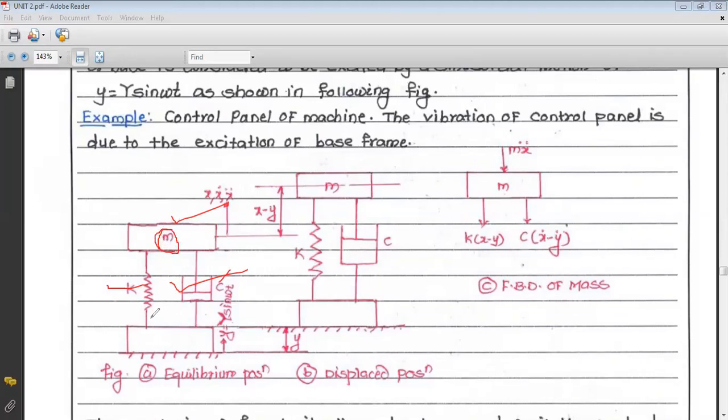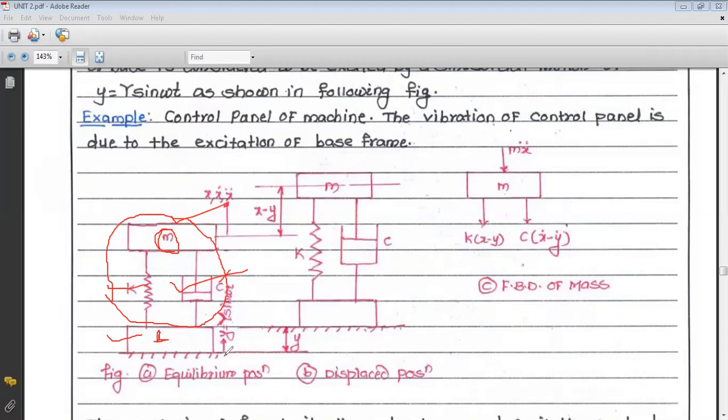Now this whole system, that is the spring mass damper system, is supported by a frame or by a base. So this is your base, and this whole machine structure is supported on a base or support.